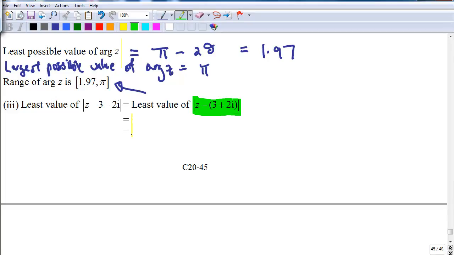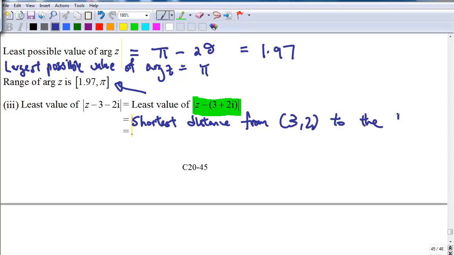And this is actually the shortest distance from 3, 2 to the locus. This shortest distance is FC minus the radius of the circle, which is 2, and then you have 3 plus 3 minus 2 equals 4. Done.